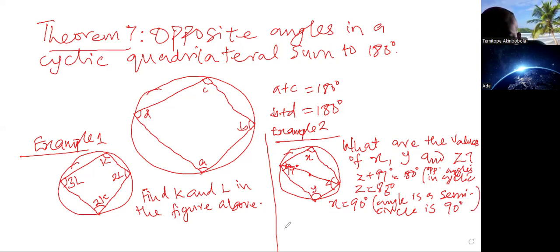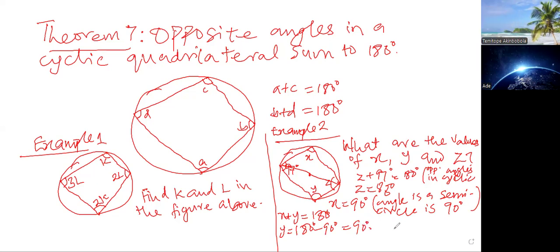Now, if you use opposite angles in a cyclic quadrilateral, that's X plus Y equals 180. We also state that too, opposite angles in a cyclic quadrilateral. And that will be Y equals 180 minus 90, which is also 90. Is that clear? Yes, sir. So that's very good.